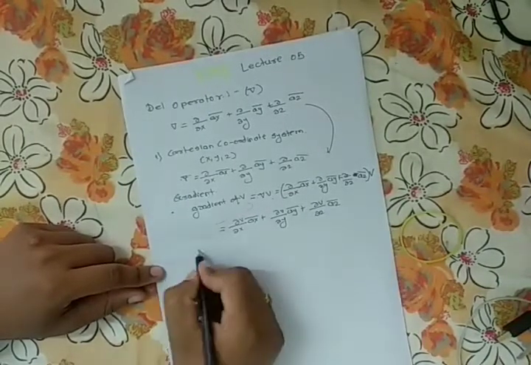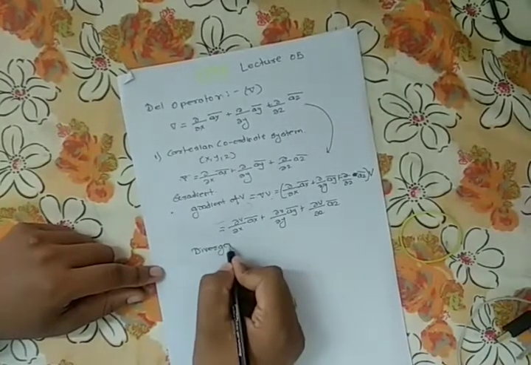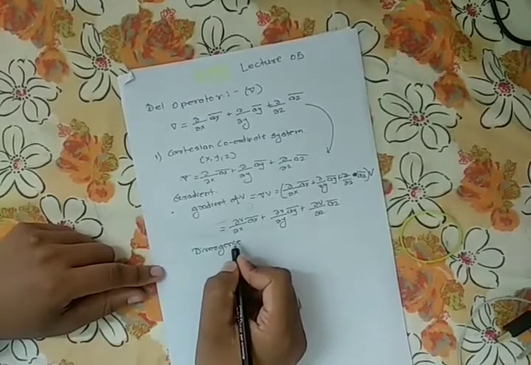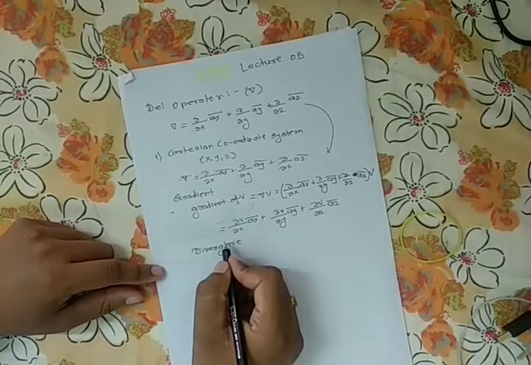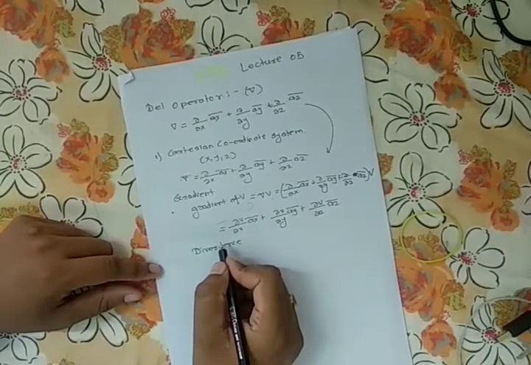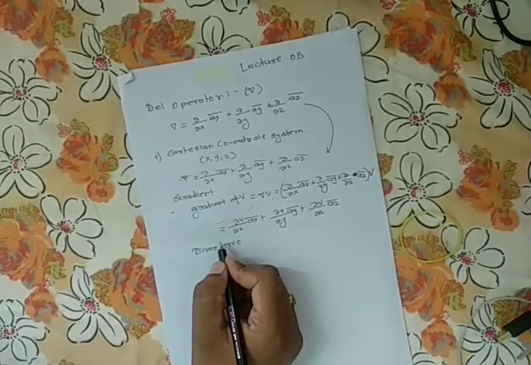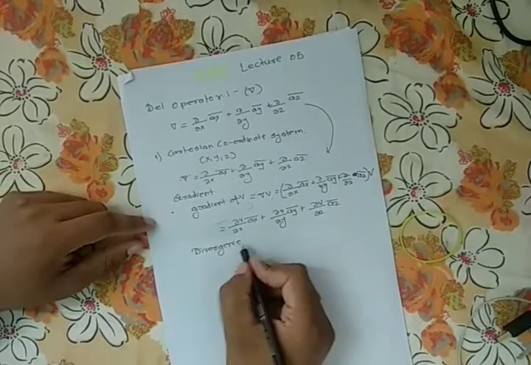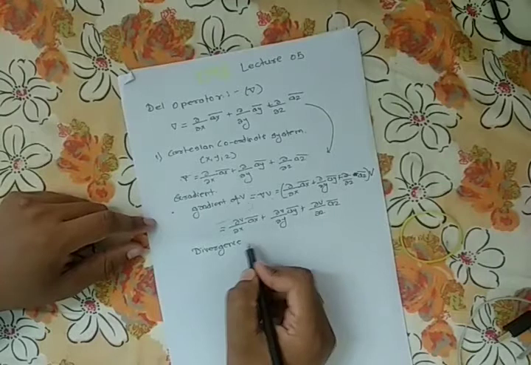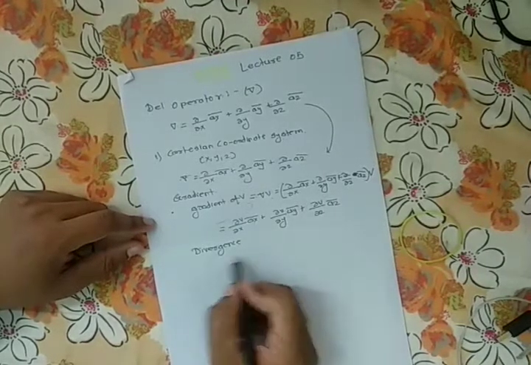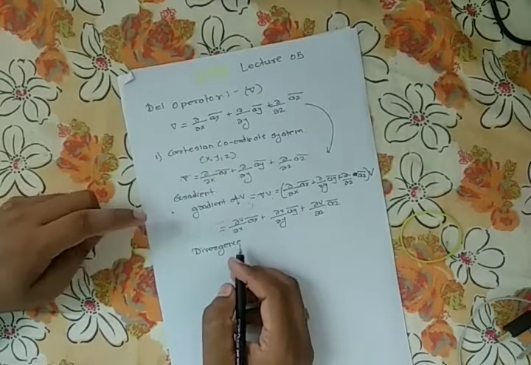Now what about the divergence? As I said, divergence we will use in the electric field intensity, and curl we will use in the magnetic field intensity. Why? That I will explain when we start the electric field intensity and the magnetic field intensity. So divergence requires what? A vector quantity. Divergence and curl are for vector quantities. So I will use the dot product for the divergence.